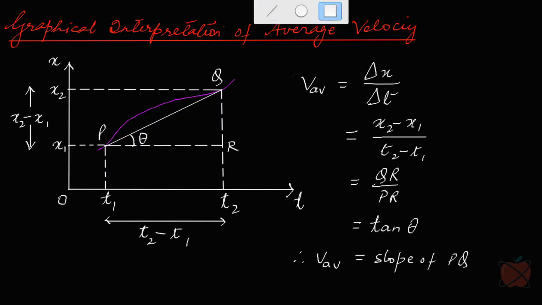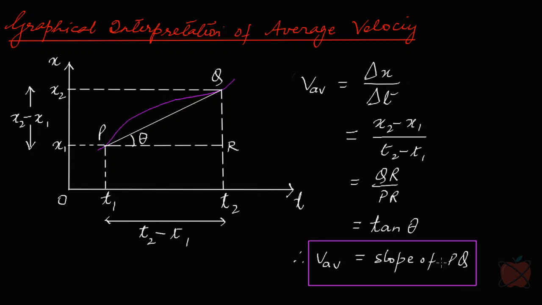We have ourselves here a very important conclusion. So you can also define the average velocity as the slope of the line.